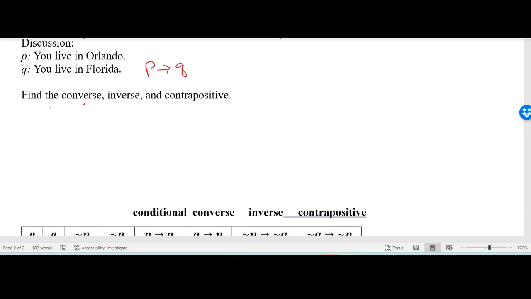So the converse, remember, is if Q, then P. So just a reminder from your notes. Then that means I would say if you live in Florida, then you live in Orlando.